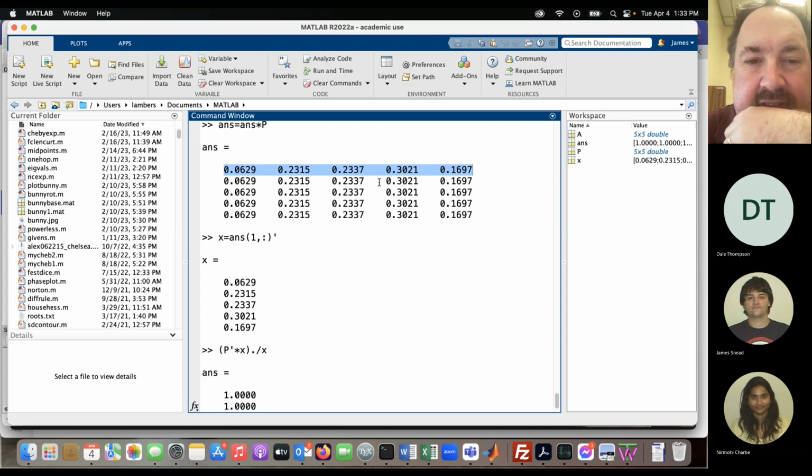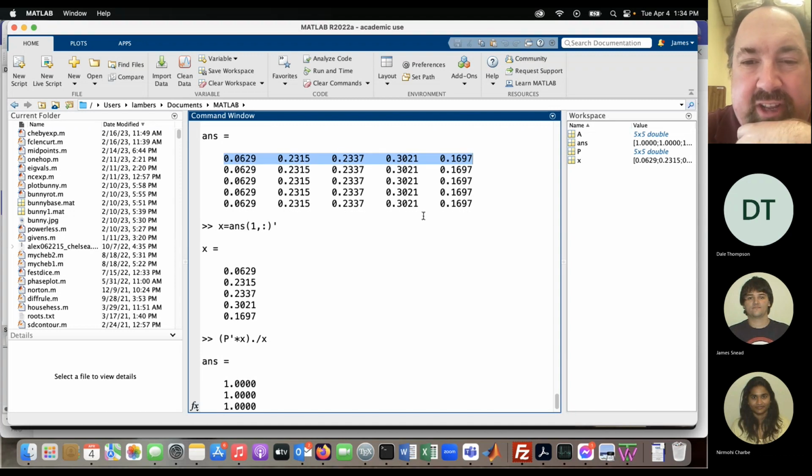So you could think of it as if I was using a power method applied to 5 different vectors simultaneously, each one of them being a column of identity. Doesn't matter which initial guess I use. We're going to converge to the correct eigenvector.